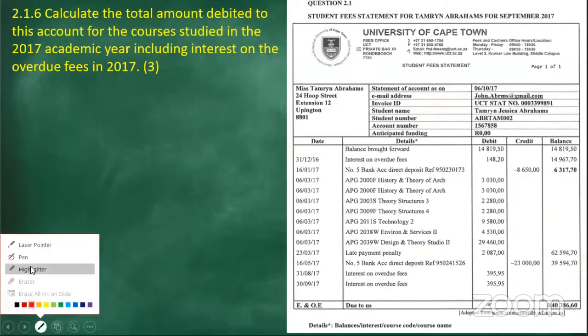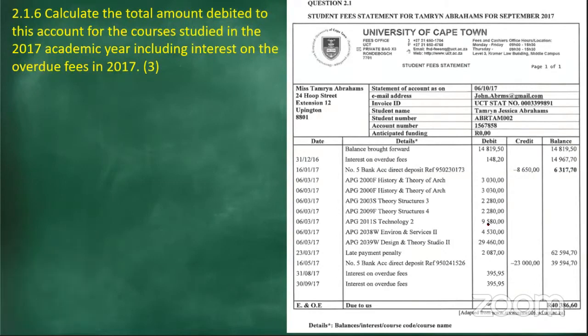So all the amounts debited in the year 2017, including interest on overdue fees. So 2017, that's what we are focusing on. The debits that occurred in 2017 are these ones. All the amounts she's owing for this year, 2017, these are the ones. So the easiest way to solve this is just to add all of these values. That would be the shortest, easiest way.